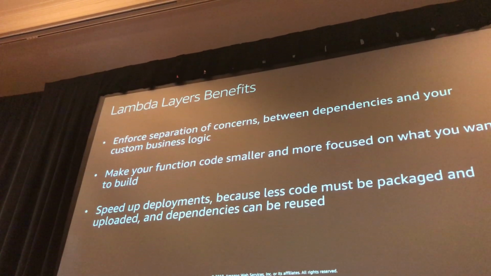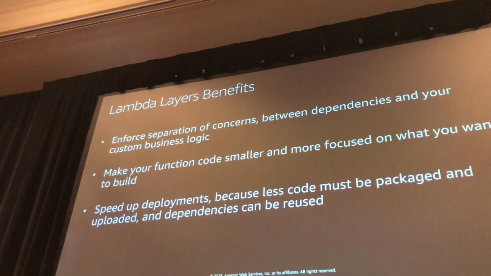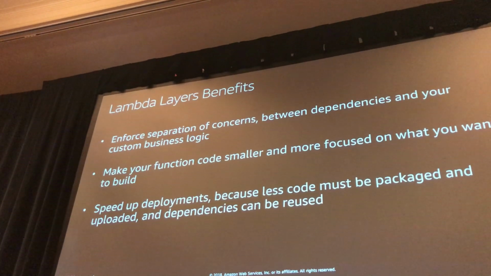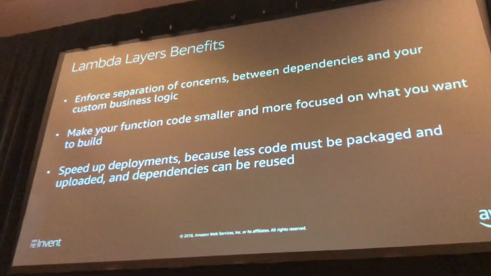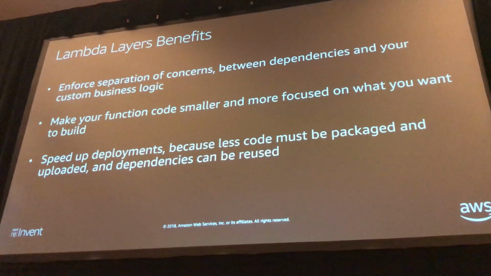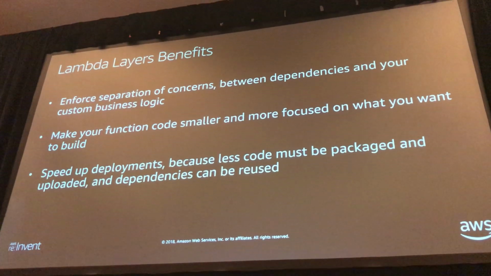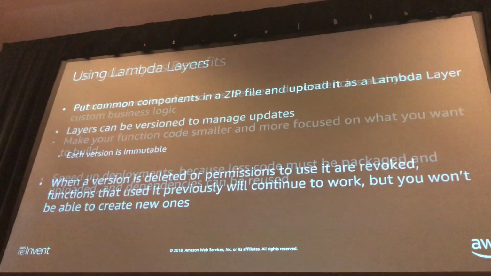Now you can just reference a layer and just re-upload the single file that is maybe including the function code. The idea is really that the function code becomes more and more focused on your business logic, and everything that is not business logic will be in the layers. And layers can be reused across multiple functions.